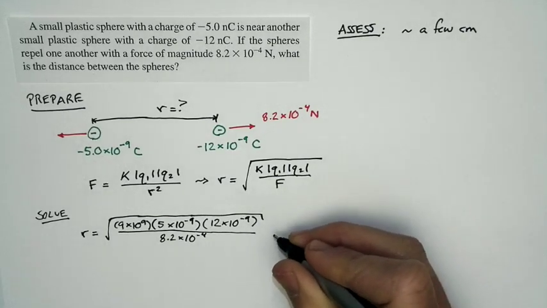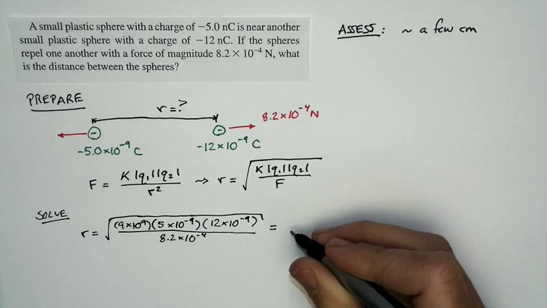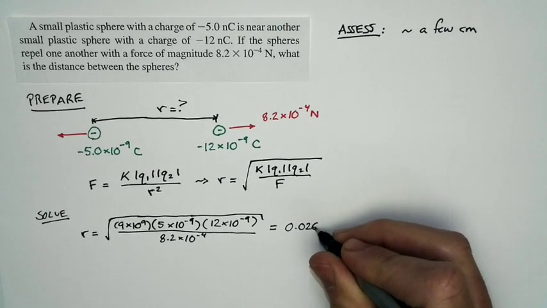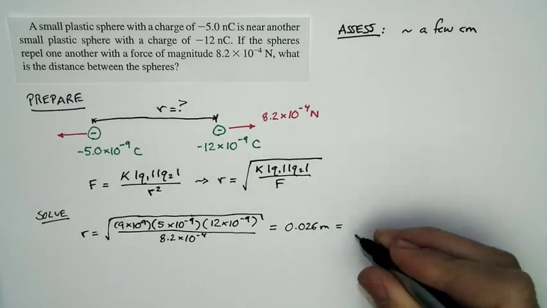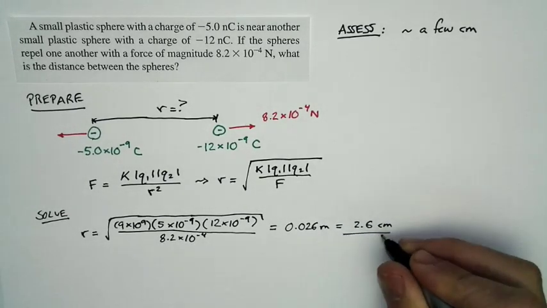We take a square root of everything inside this expression, and what we get is a distance of 0.026 meters, or rewriting that in centimeters, 2.6 centimeters.